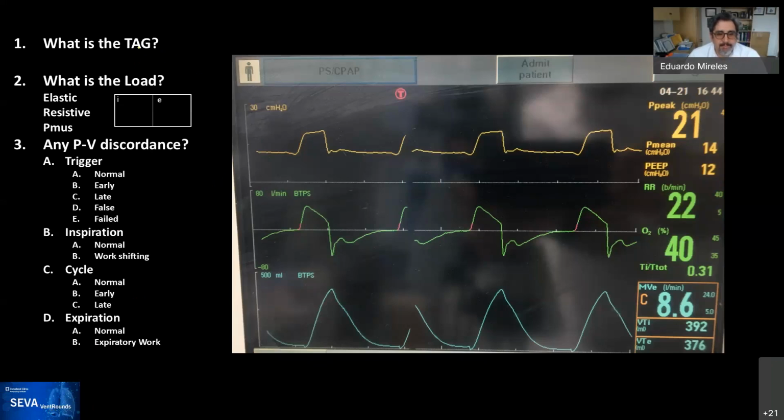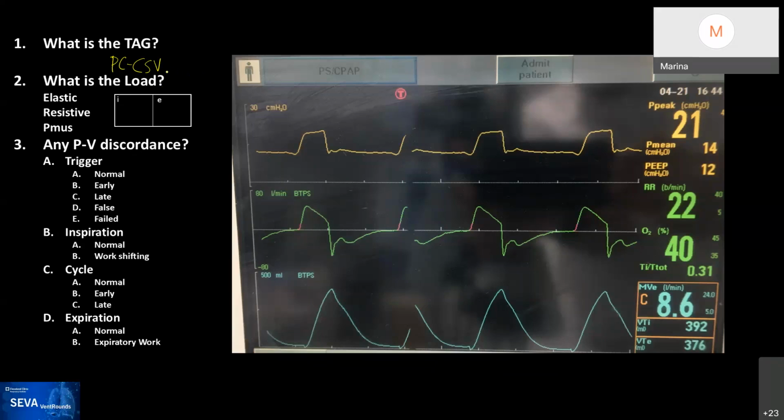It helps that you have pressure support CPAP at the top, so I'm super into that. I'm going to say pressure control. Every breath looks like it's triggered by the patient, so we're going to call it CSV. I am looking at the load now.